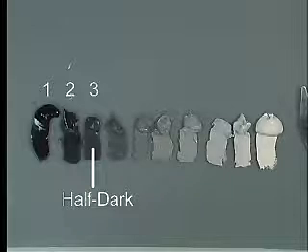You can use the printed value scale contained in your video case to mix and compare values. The numbered values relate to the following verbal descriptions. 1 equals black. 2 equals dark. Value 3 equals half dark.